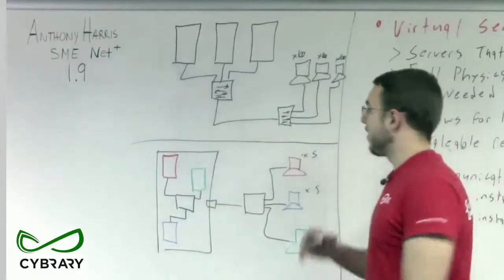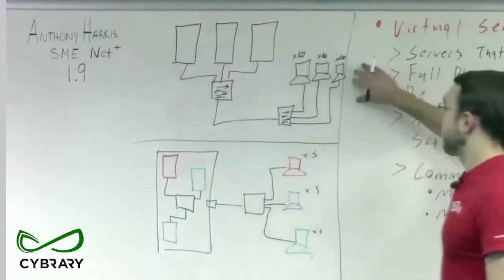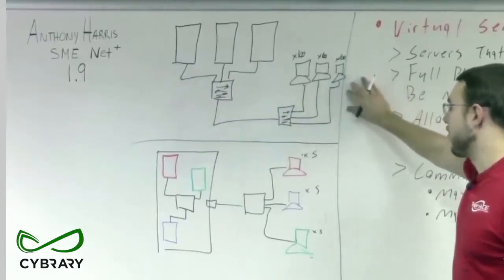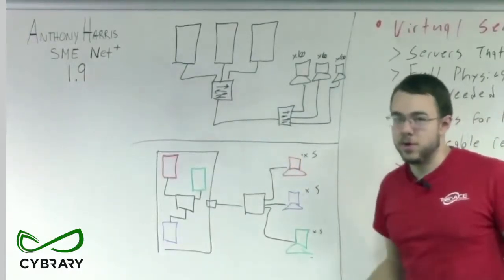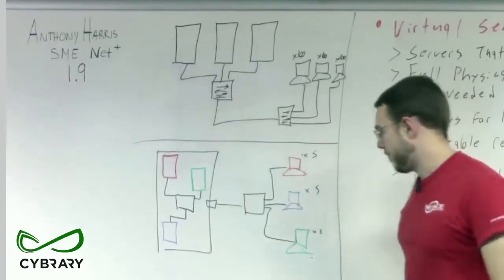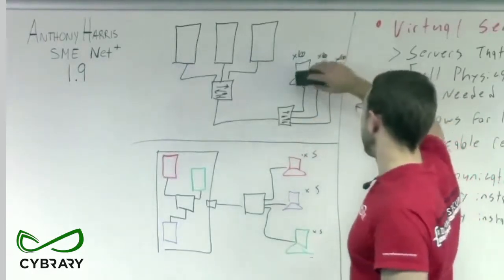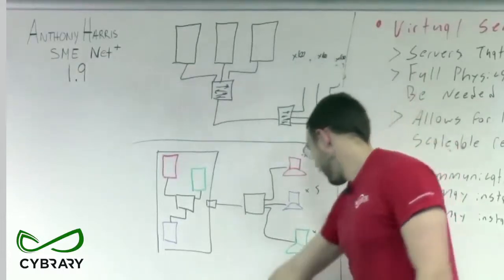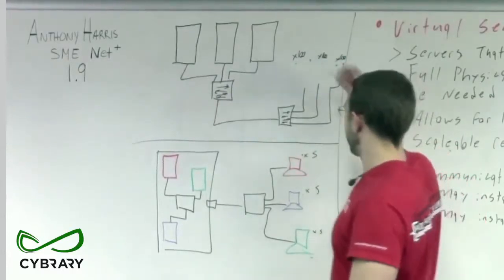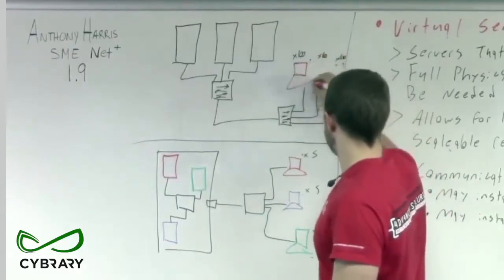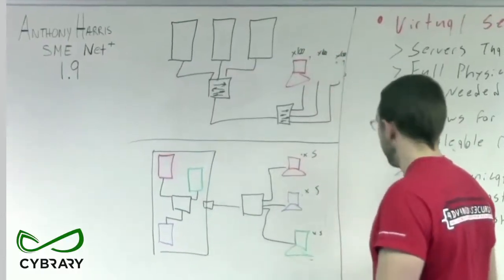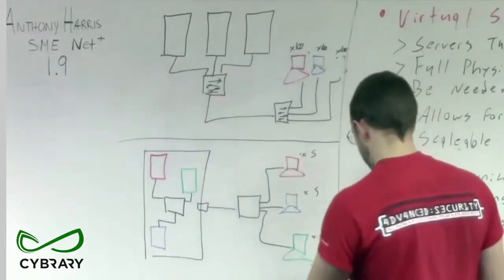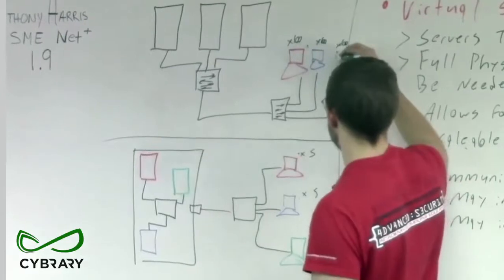Now, in our enterprise environment, we have 300 client computers, and all of these 300 client computers are going to be on the same subnet. Now, actually, we will go ahead and change that. We're going to have 100 client computers on subnet 1, 100 client computers on subnet 2, and 100 client computers on our subnet 3.